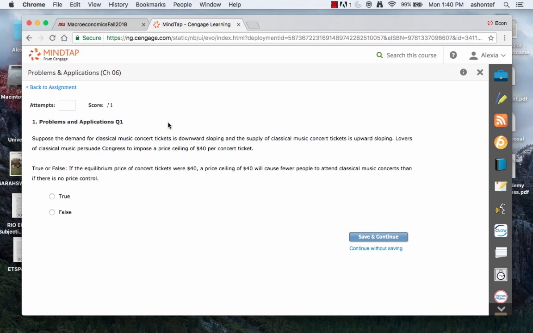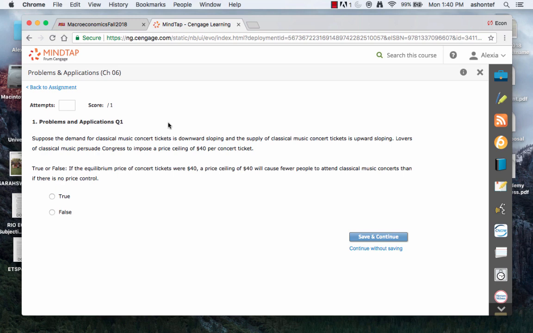Basically the government is now imposing a price ceiling. So first thing to think about is, what's a price ceiling? Well, a price ceiling is a price that can't go above a certain amount. So this $40 per concert ticket says the price can't go above $40.